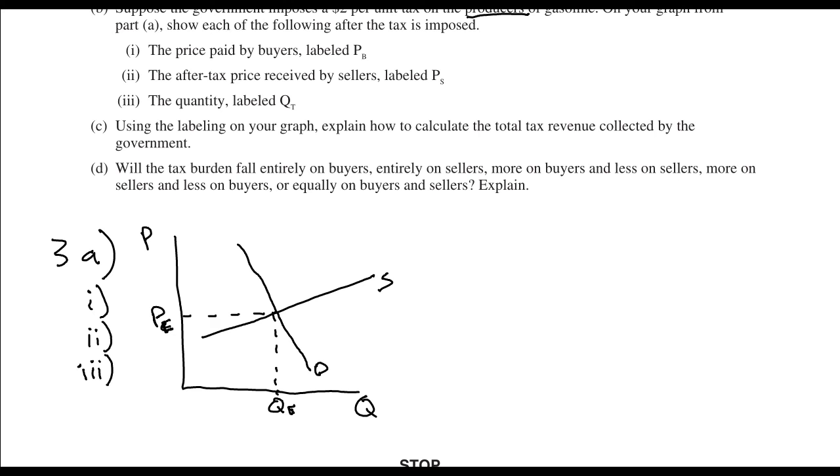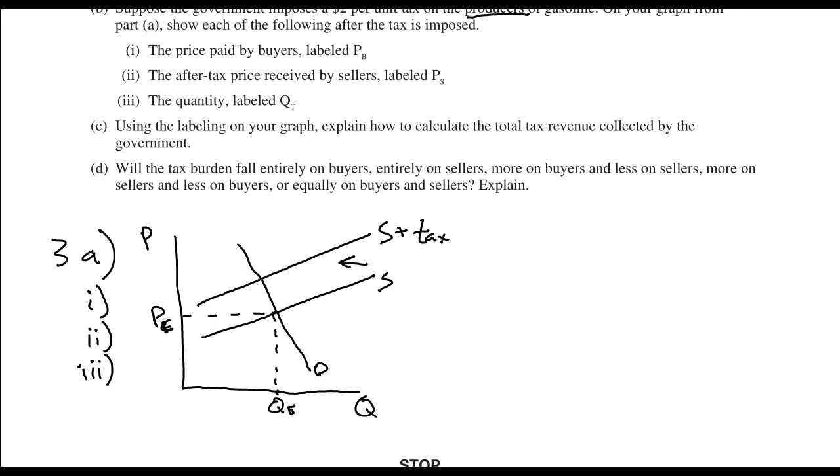So first we've got to draw the effect of the tax, and of course a tax on the producers is going to shift that supply curve. It's going to shift it up by the amount of the tax, which is a decrease in supply. There, supply plus tax, which really is a reduction in supply.